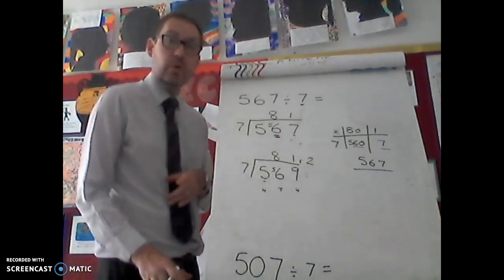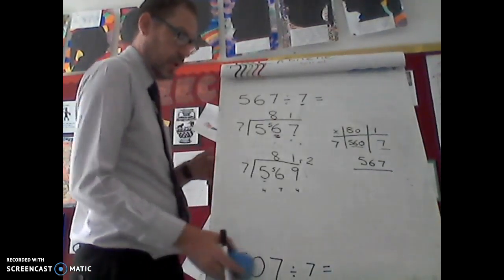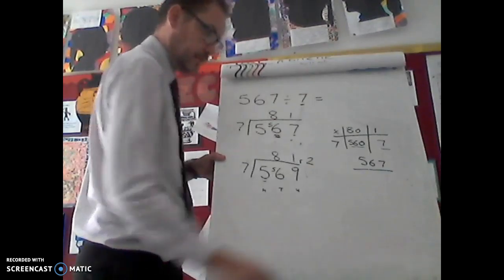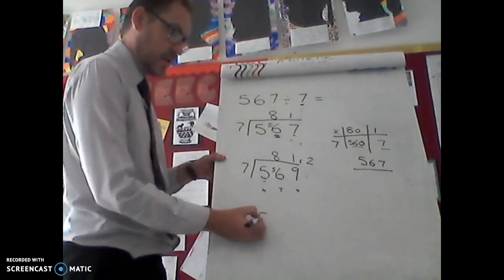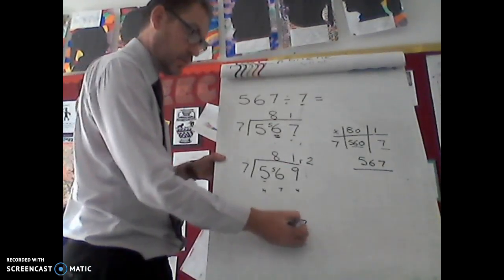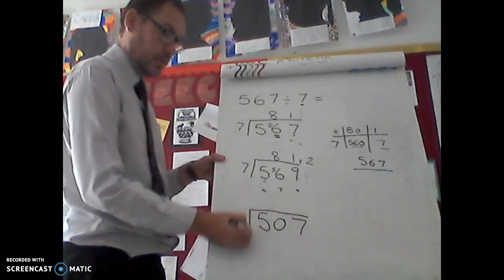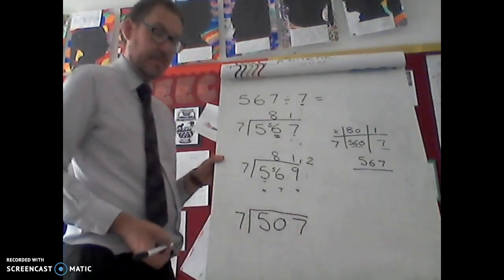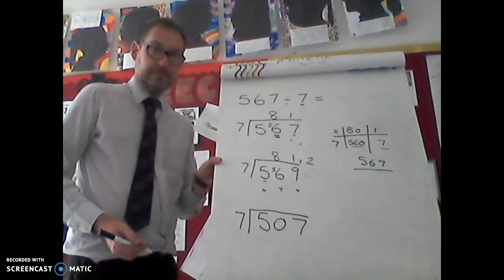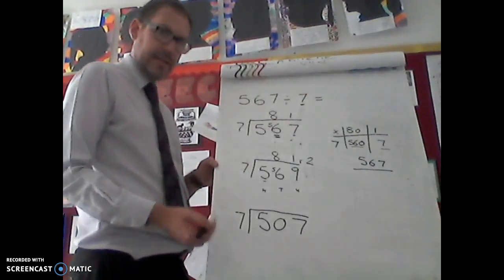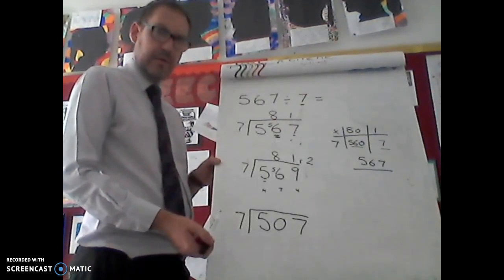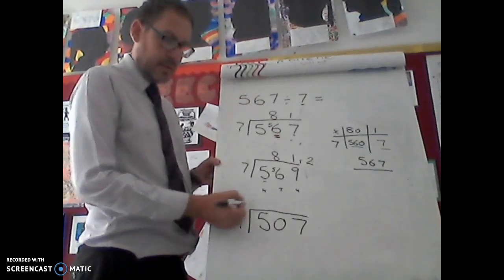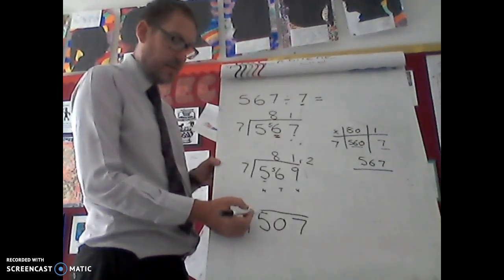And there's a final one which I'm going to show you, which is this one over here. 507 divided by 7. Okay? This is an interesting one. Let's have a look at this one. Maybe you could have a go as well. How many 7s can I fit into 5?